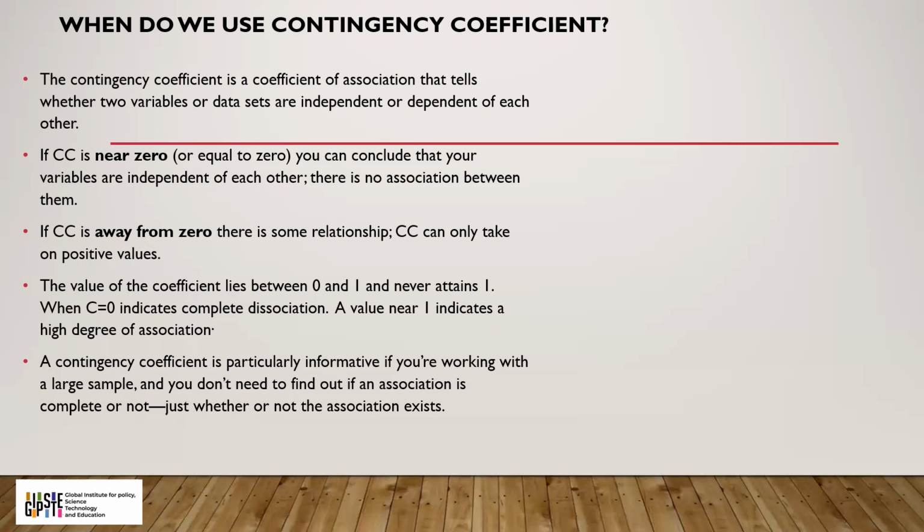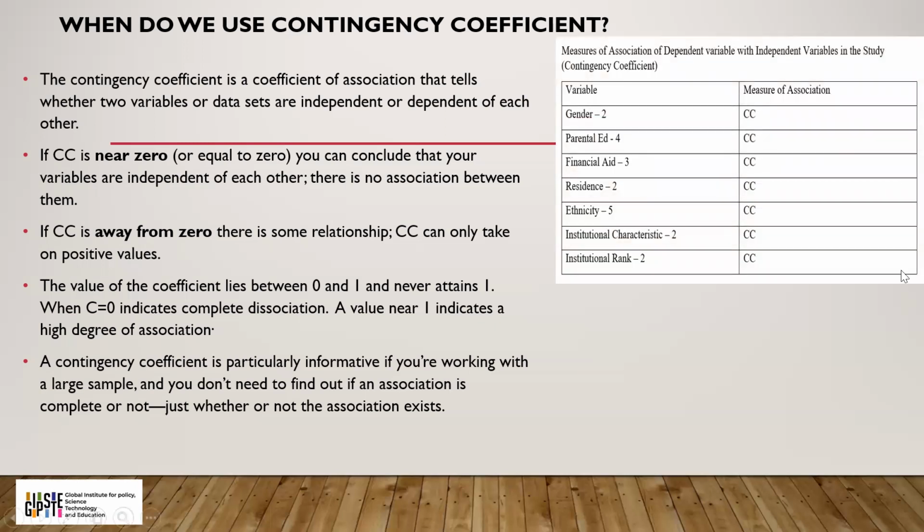Contingency coefficient is particularly informative if you are working with a large sample and you don't need to find out if an association is complete or not, but you just want to know whether or not association exists. Then you can utilize the contingency coefficient. It is a measure of association of dependent variables with independent variables in the study.